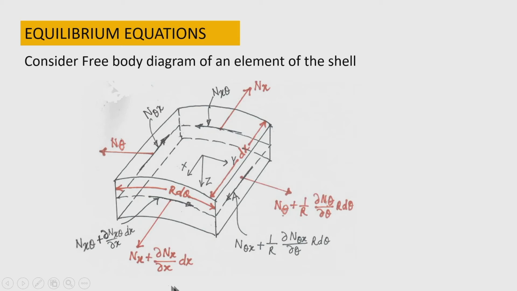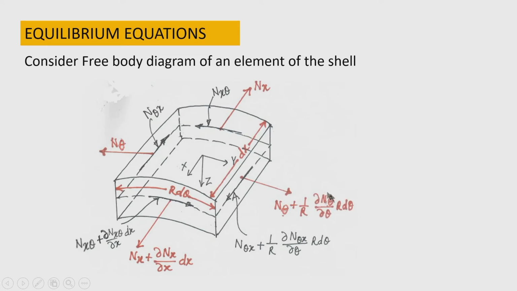So, this quantity is the increment over the length dx. Now, let me see the forces on the other edges. On one edge the circumferential force is N theta, and on the opposite edge the circumferential force is N theta plus 1 by r del N theta by del theta into r d theta.